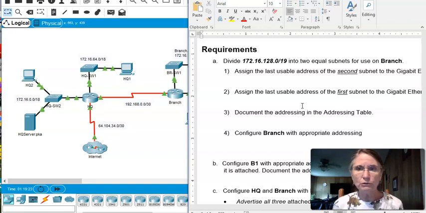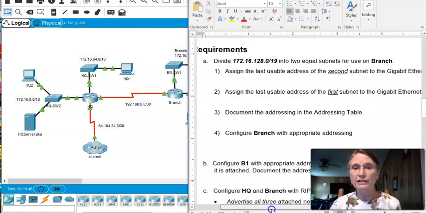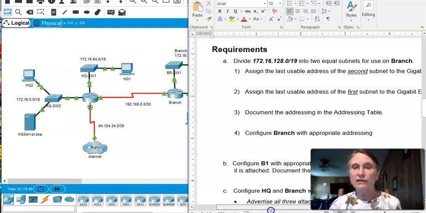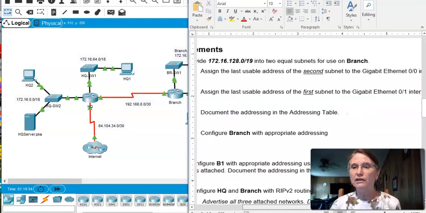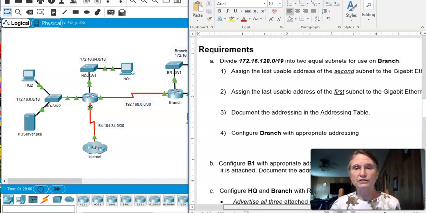So let's begin by looking at requirement number 1A, dividing the 172.16.128.0/19 into two equal subnets for use on branch. That is the branch router. Then we're going to assign the last usable address, read carefully, of the second subnet to its G0/0 interface, and then assign the last usable address of the first subnet to the G0/1 interface.